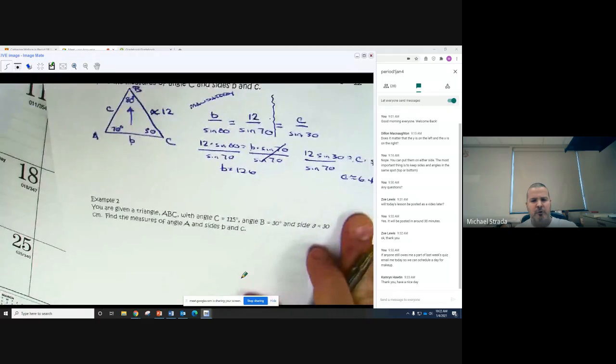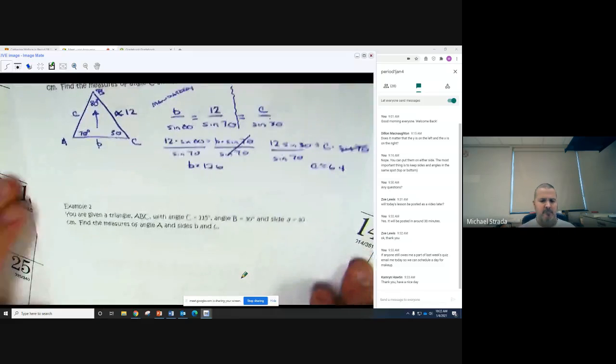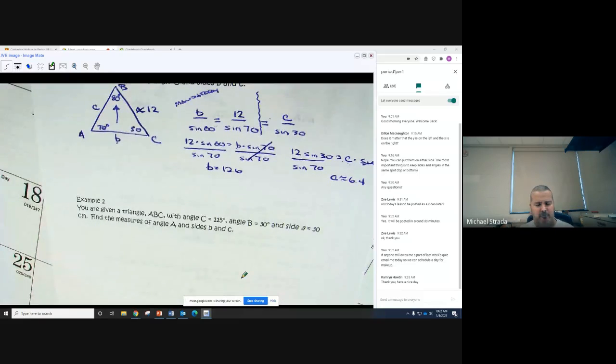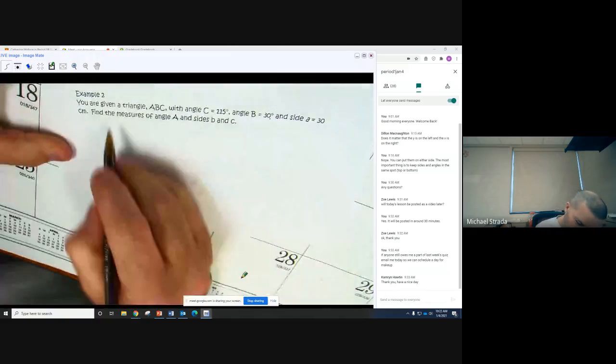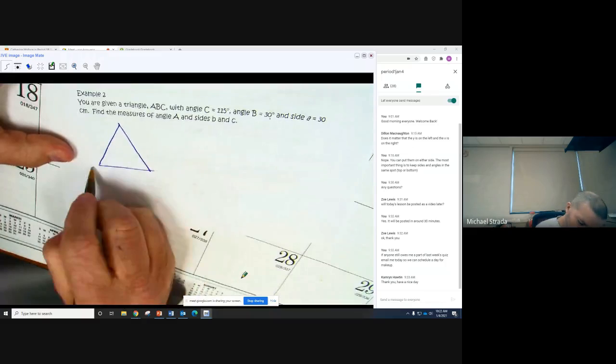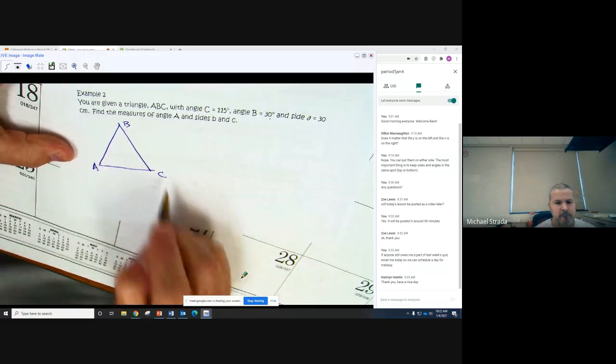All right, example 2. You're given triangle ABC with angle C is 115 degrees, angle B is 30 degrees, and side A is 30. Find the measures of angle A and sides B and C. So once again, we draw ourselves a triangle with the A, B, and C wherever you'd like.